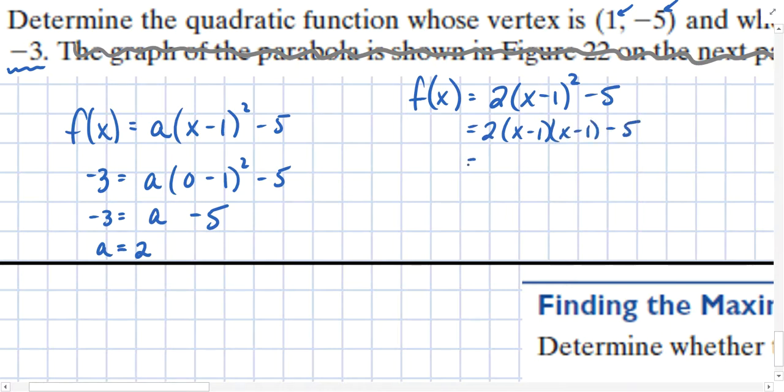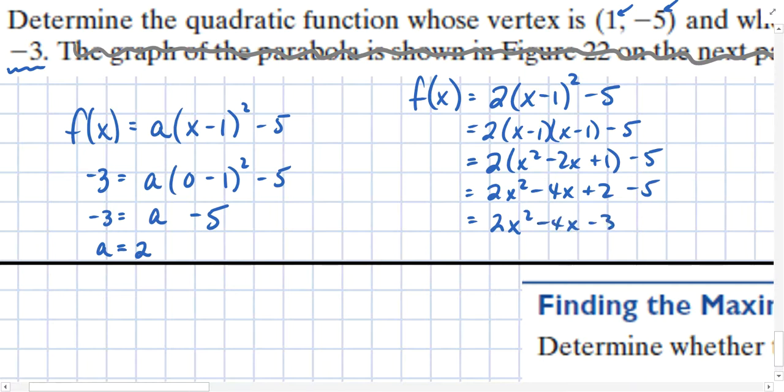Then we can FOIL and distribute, which would be 2 times (x squared minus 2x plus 1) minus 5, 2x squared minus 4x plus 2 minus 5, and ultimately 2x squared minus 4x minus 3.